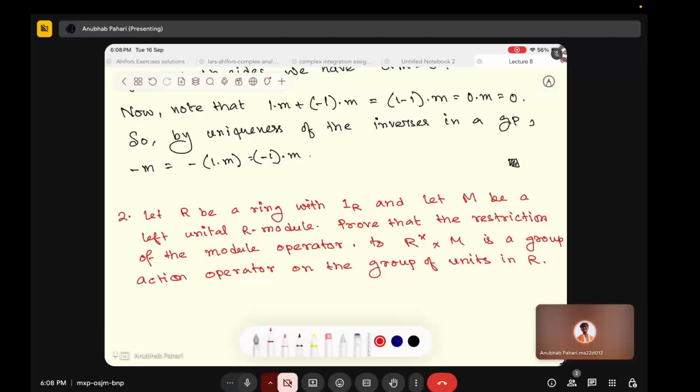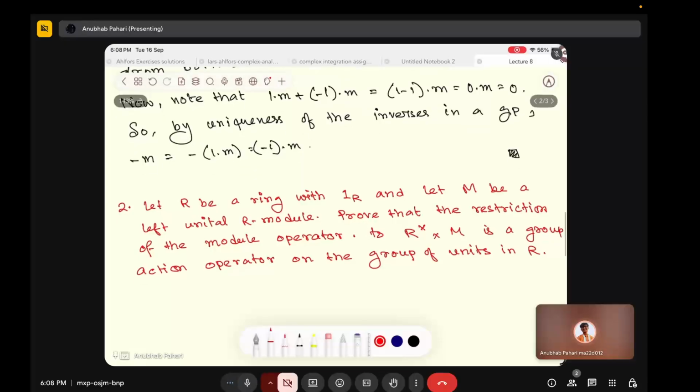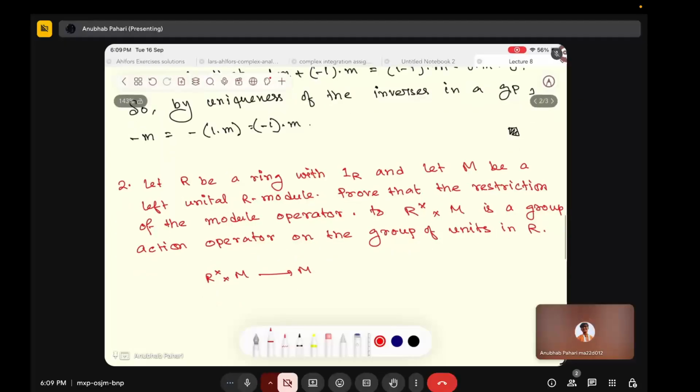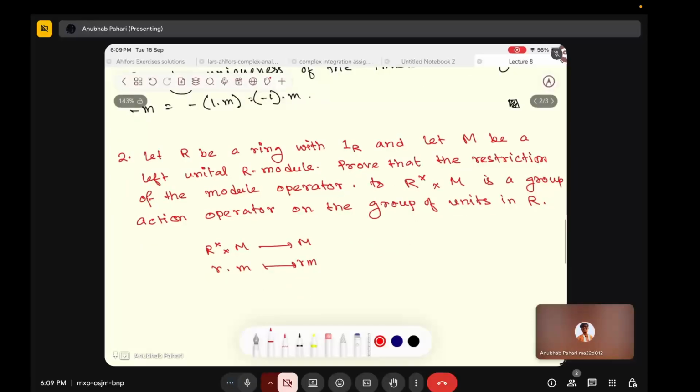So what does it say actually? That if M is a left unital module over R, we have to show that this action, from R star cross M to M, by r dot m goes to rm, is a group action.